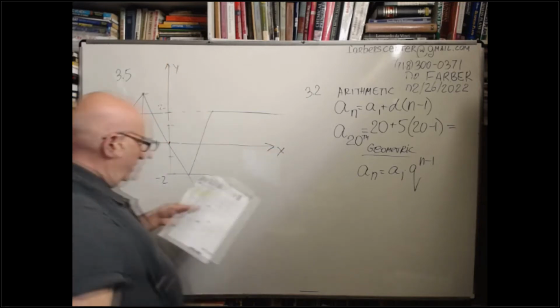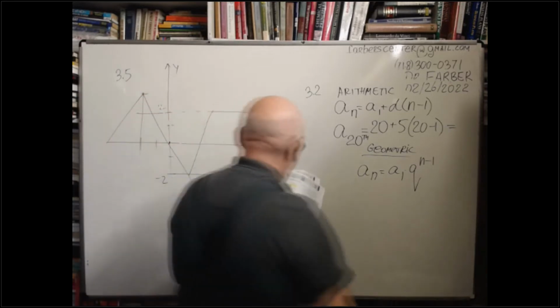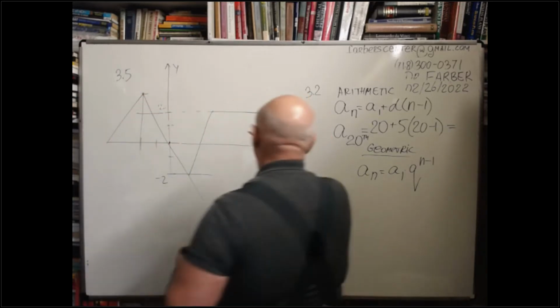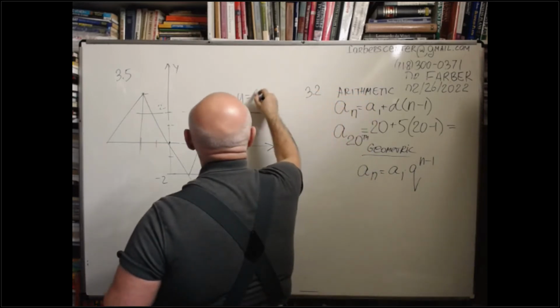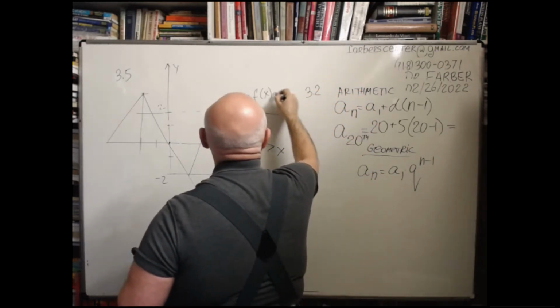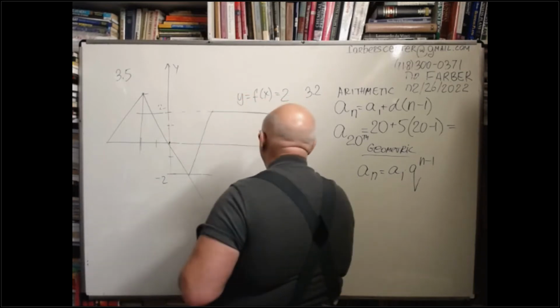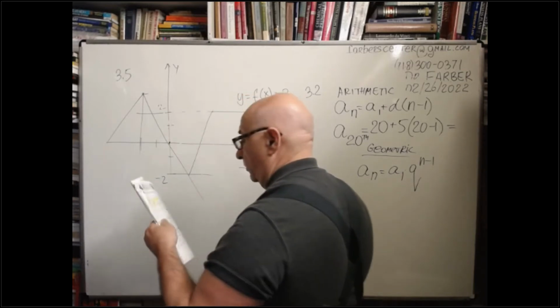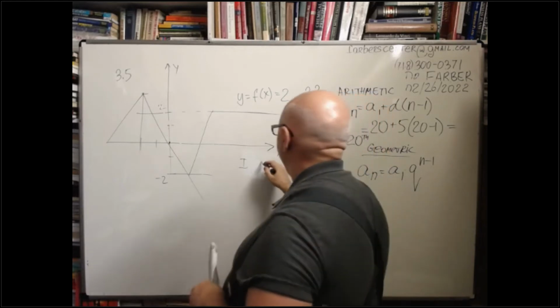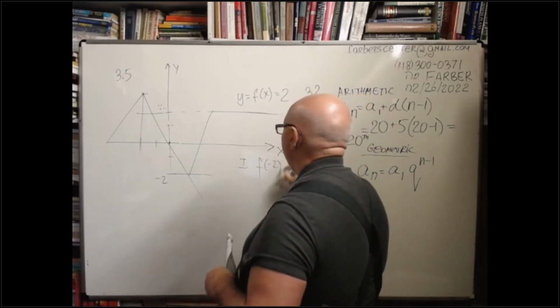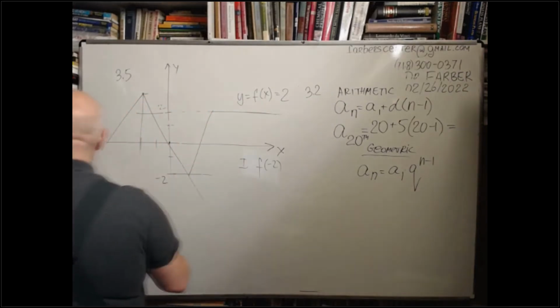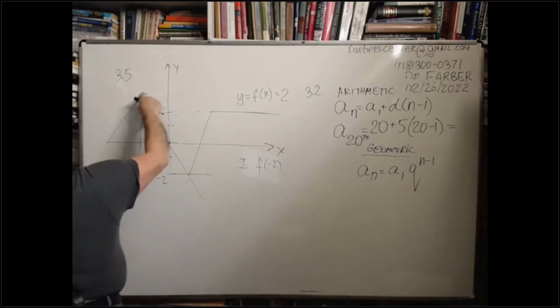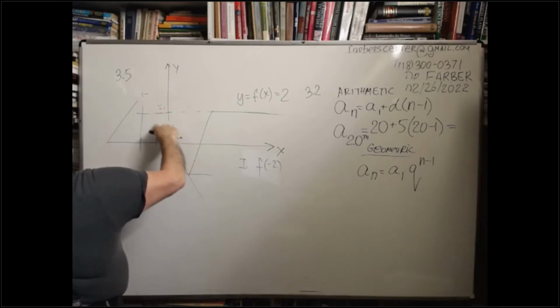The question is, which of the following equals 2? This is my function y equals f of x, and they ask you which equals 2. Roman numeral 1, what do we have? F of -2. Go to -2, it's not to scale. Not to scale, okay?